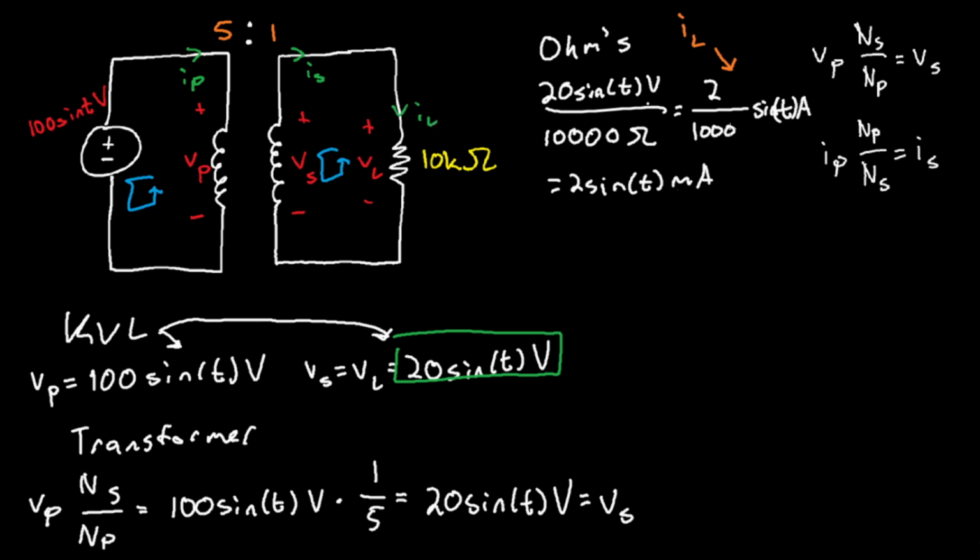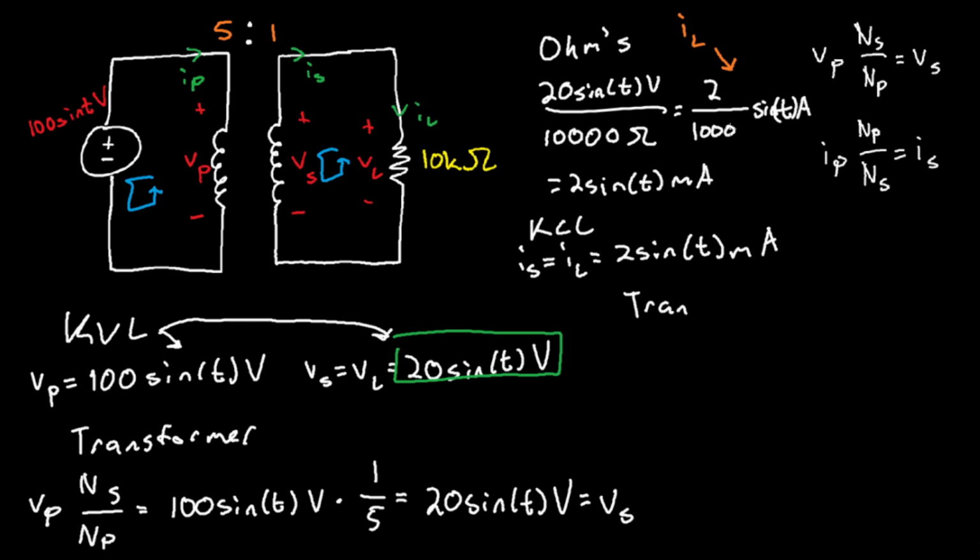So I of L is 2 sine of t milliamps. Let's go ahead and solve for I of S. Well, I of S is just simply equal to, this is KCL, I of L, 2 sine of t milliamps.